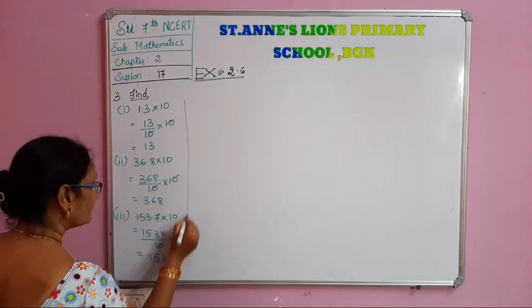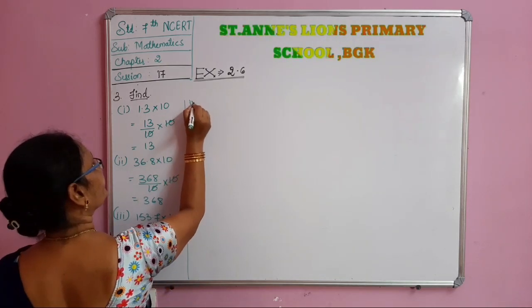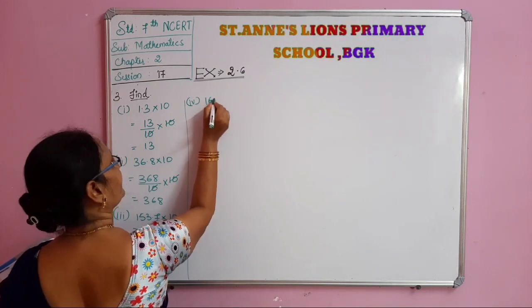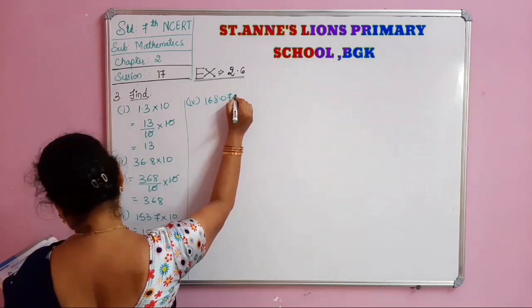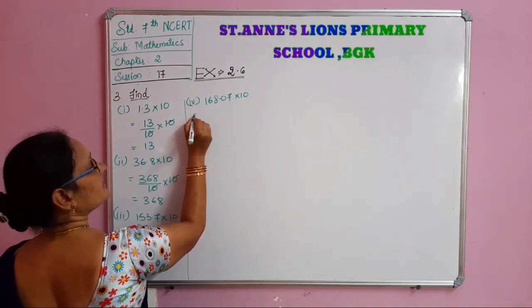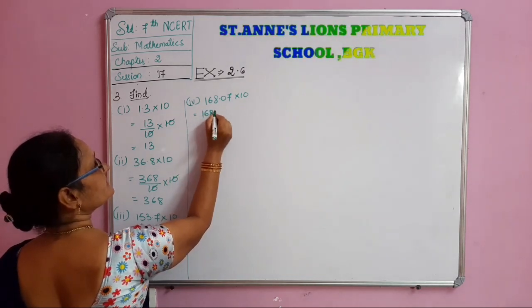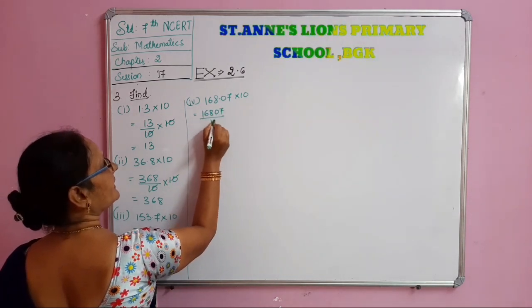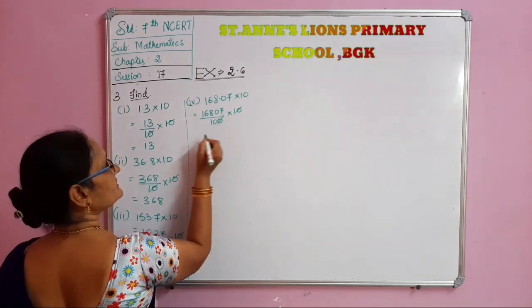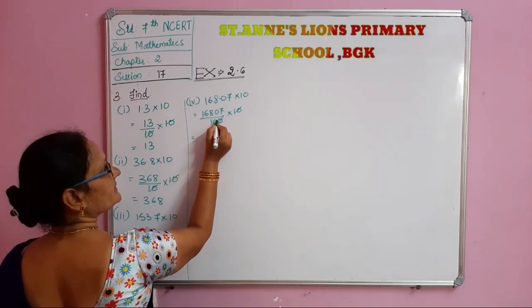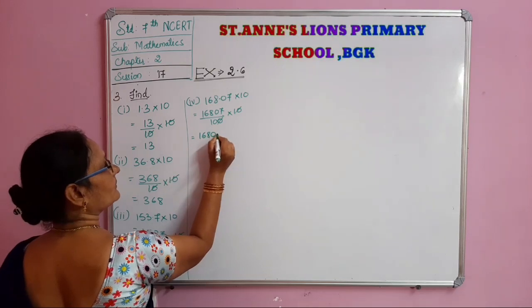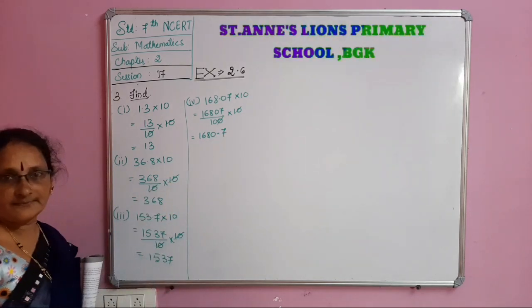Then fourth one, 168.07 into 10. Now see here, decimal is in the hundreds place. 168.07 is 16807 divided by 100. Now into 10. 10 got cancelled. What will be the answer? Here 10 is there. After just one place, 1680.7. This will be the answer.